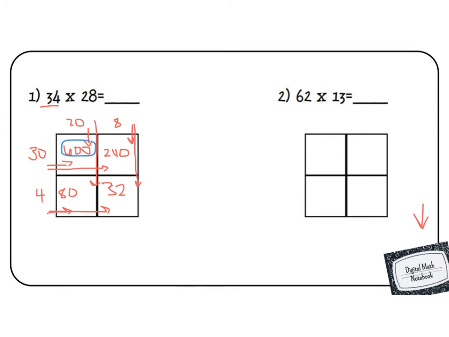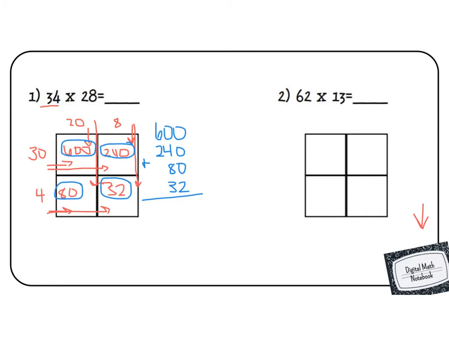Then we're going to take all these numbers that we found. These are all part of our answer. We call these partial products because by themselves, they're not the answer. But when I add them together, I get the whole answer. So 600 plus 240 plus 80 plus 32.